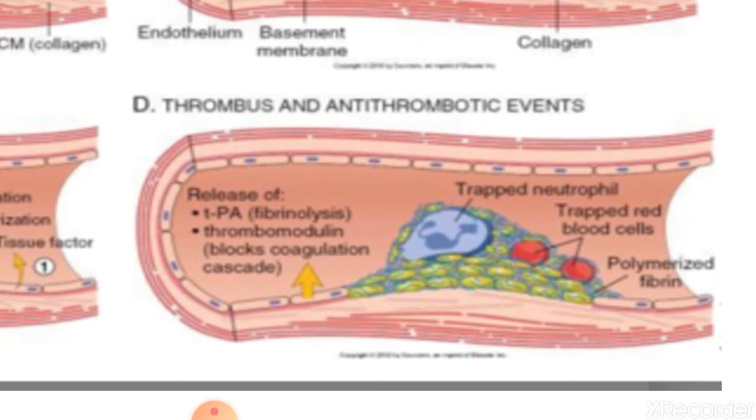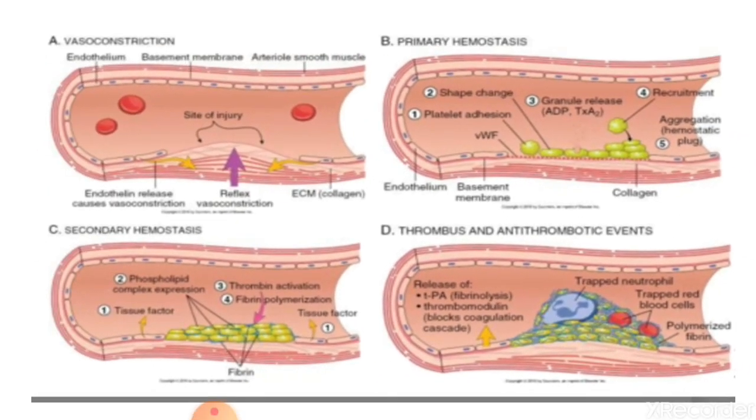And for the extrinsic pathway, we have what we call a tissue factor, which is released from the endothelial cell at the site of injury, and causes activation of the extrinsic pathway of the clotting factors.